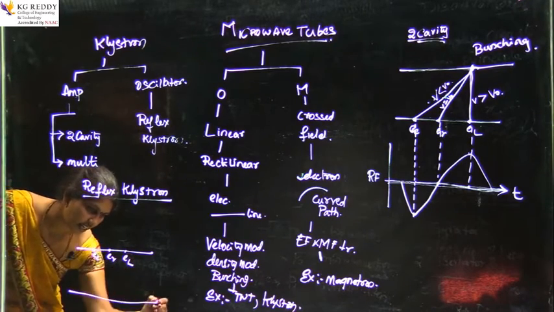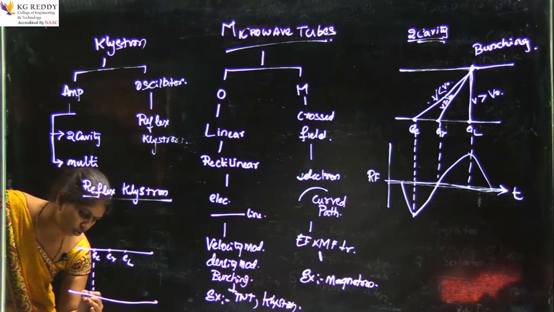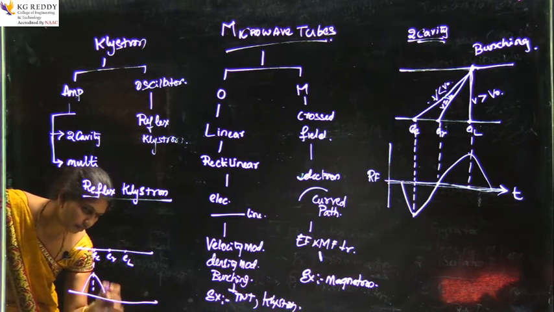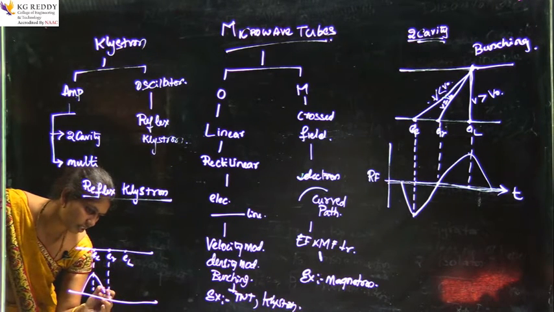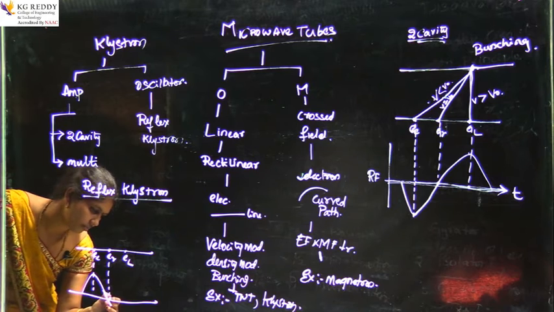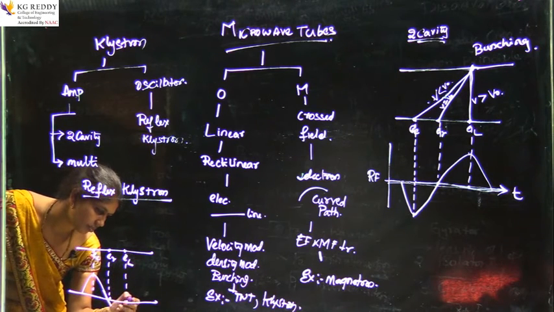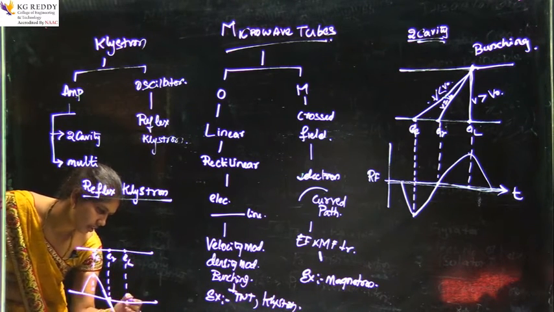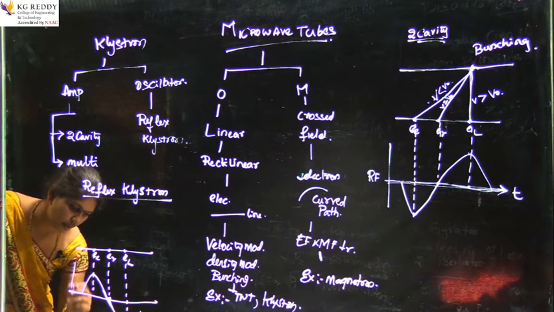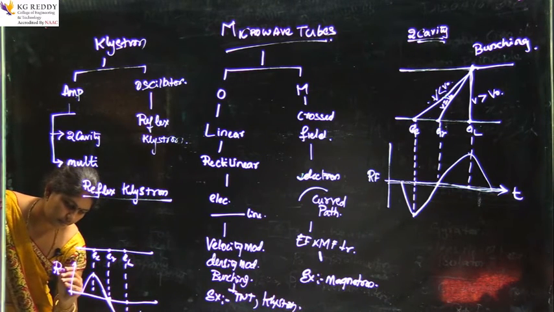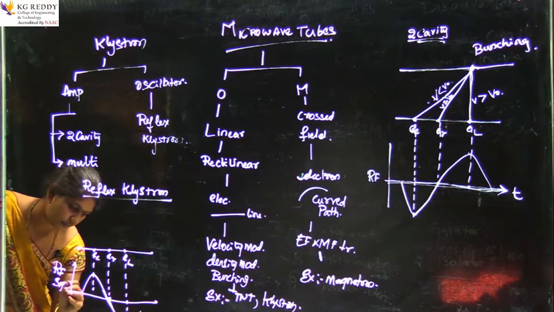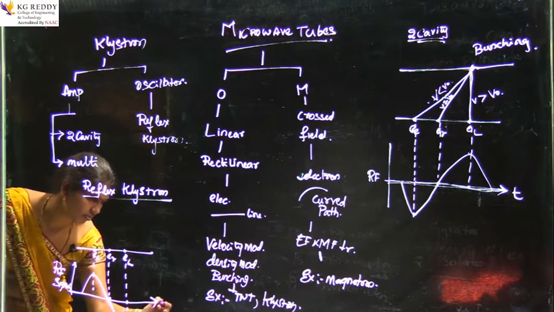The early electron is subjected to positive RF. The reference electron is subjected to 0 RF. The late electron is subjected to negative RF. This is my RF signal, which is varying with time.